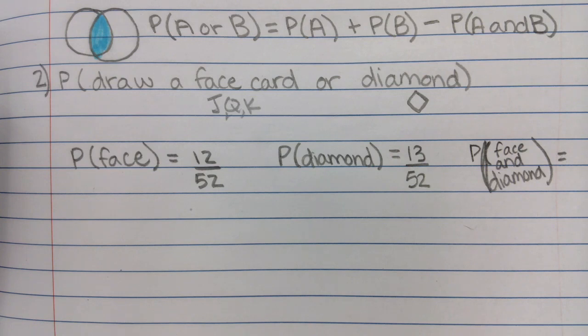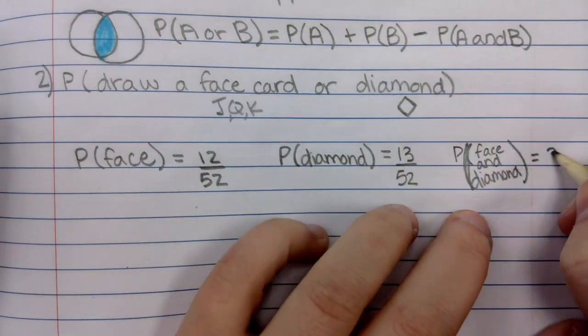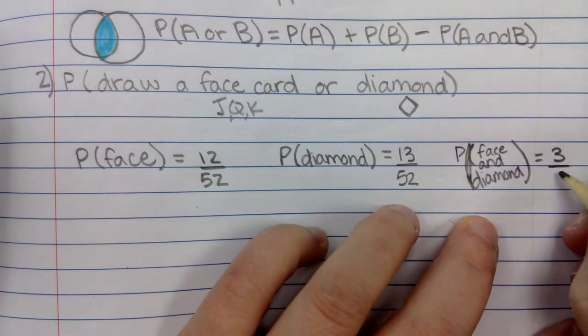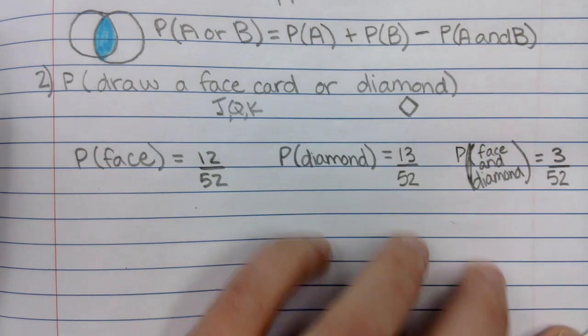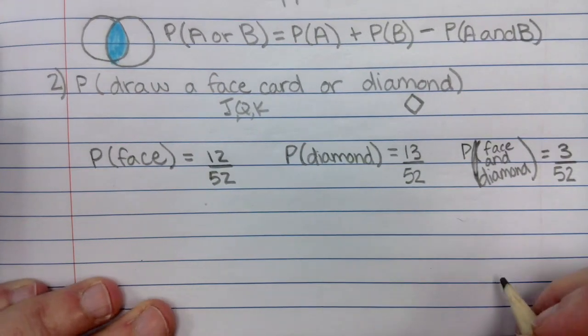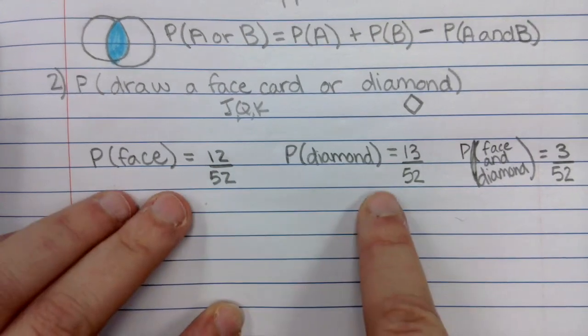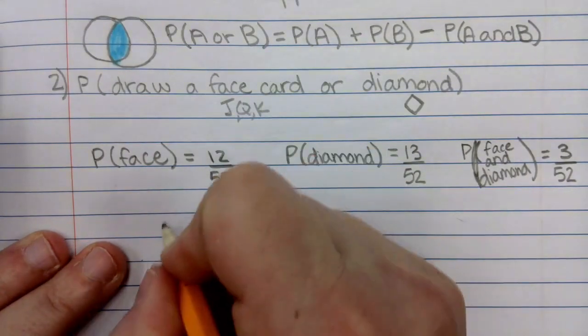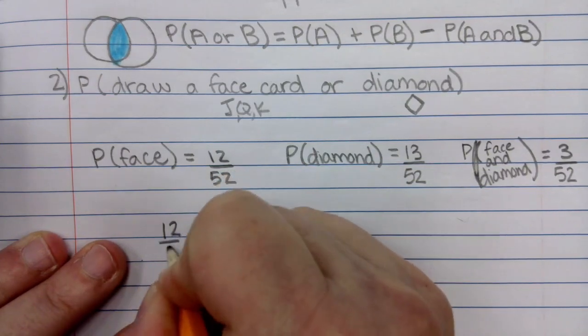To find this, we add together our first 2, and then we subtract the both. So we do our probability of a face card, 12 out of 52, plus our probability of a diamond, which is 13 out of 52, and then we take away the amount where it was both.